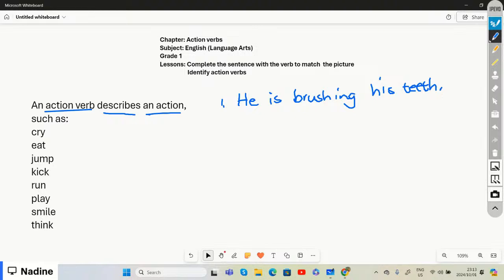What is the action that he is doing? If you look at the sentence in blue, he is brushing his teeth. What is the action verb within that sentence?